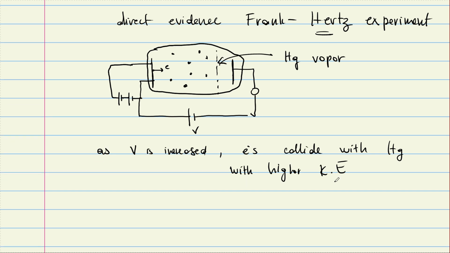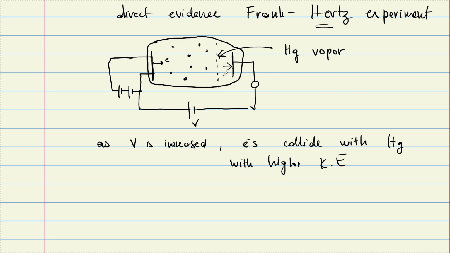If they transfer all of their energy to a mercury atom, they cannot complete the circuit, because they lost their kinetic energy somewhere in between, and you are not going to see the resulting current. Whereas if they collide with the mercury and don't lose their kinetic energy, they reach the positive anode and give rise to a current. But how do we decide if they are going to give up their kinetic energy or not? We decide based on the mercury's atomic levels.